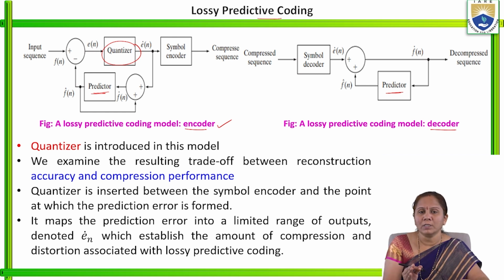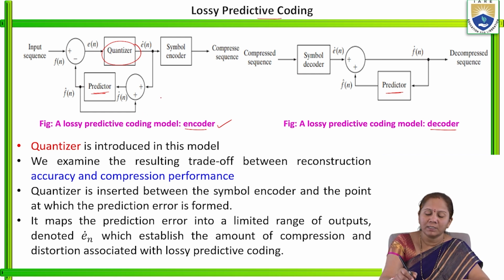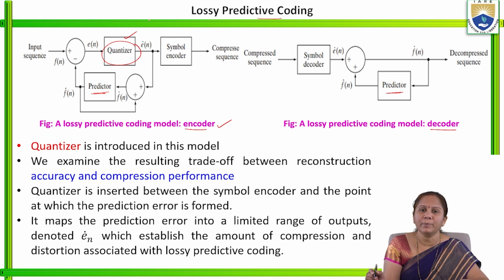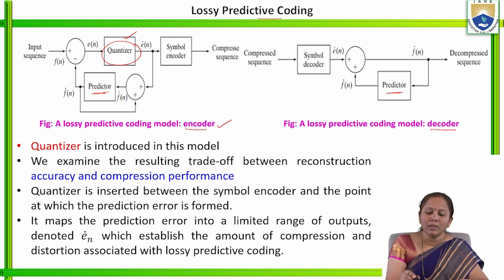So the only difference between the lossless predictive coding and lossy predictive coding encoder parts is that the remaining things are the same. In lossy predictive coding, only one extra block, the quantizer, is included, whereas in lossless predictive coding we will not have this quantizer block. Now, what is the function of this quantizer block?